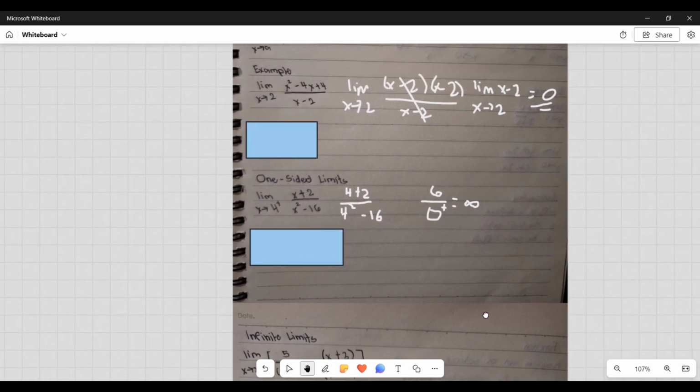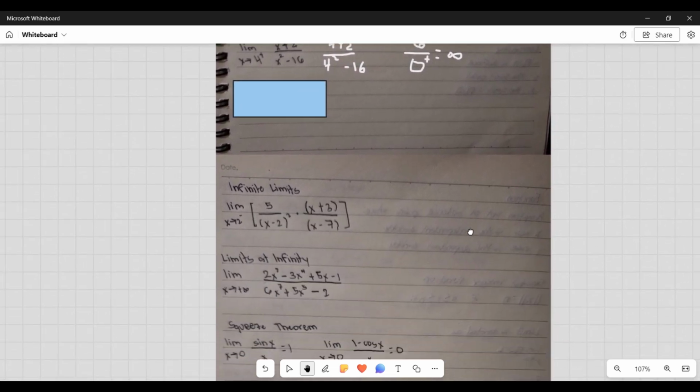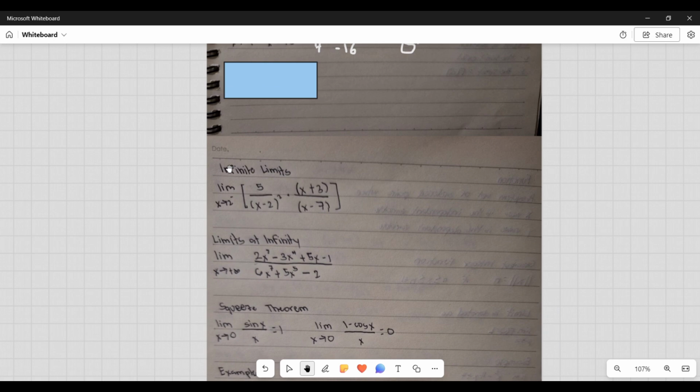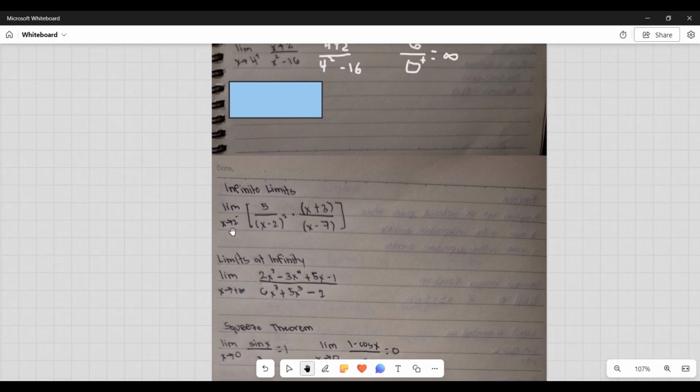Now let's answer infinite limits. Let's try to directly substitute in this problem. So we can see the limit of 5 over x minus 2 squared times x plus 3 over x minus 7 as x approaches 2 from the left, because of the negative sign.